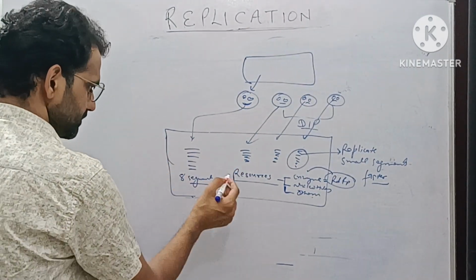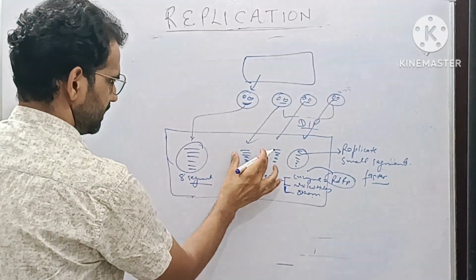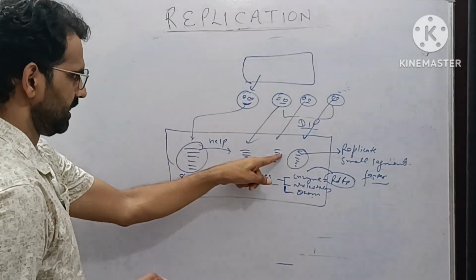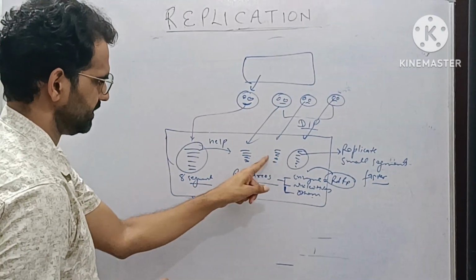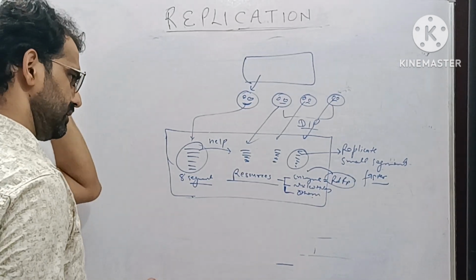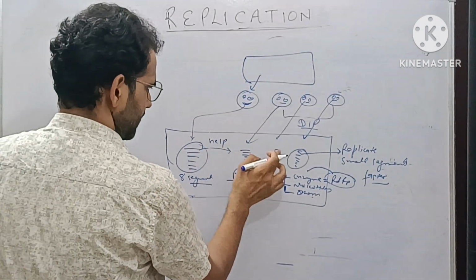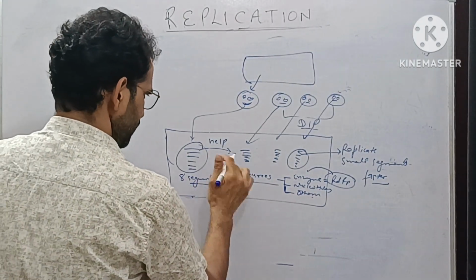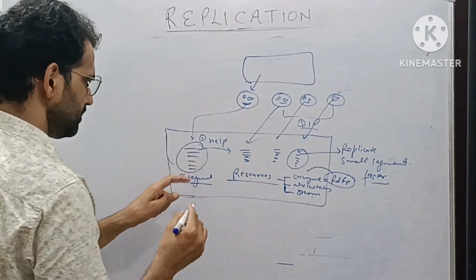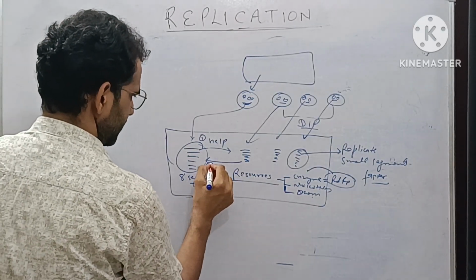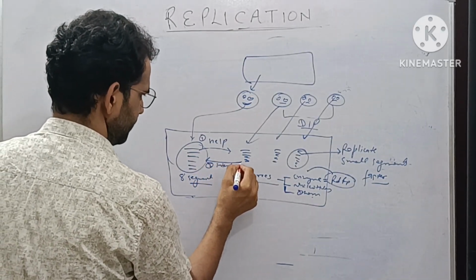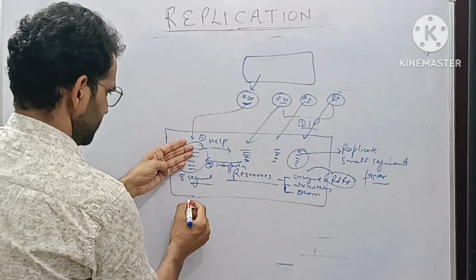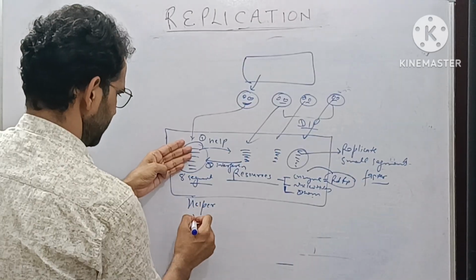These are defective because they lack some segments, enzymes and other resources, so they are taking help from the normal one. Not only are they taking help, they are also, number two, interfering with the replication of normal. The normal, infectious one is known as the helper virus.